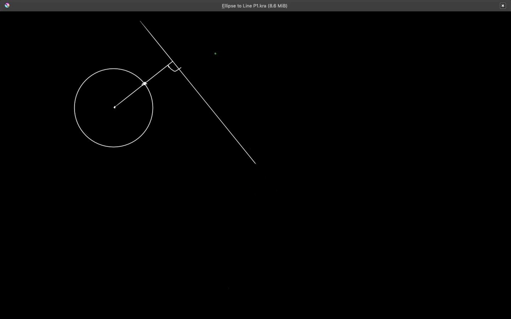This is a completely isometric transformation, by the way, because we're just translating and rotating. Following that, we're going to get something that looks like this.